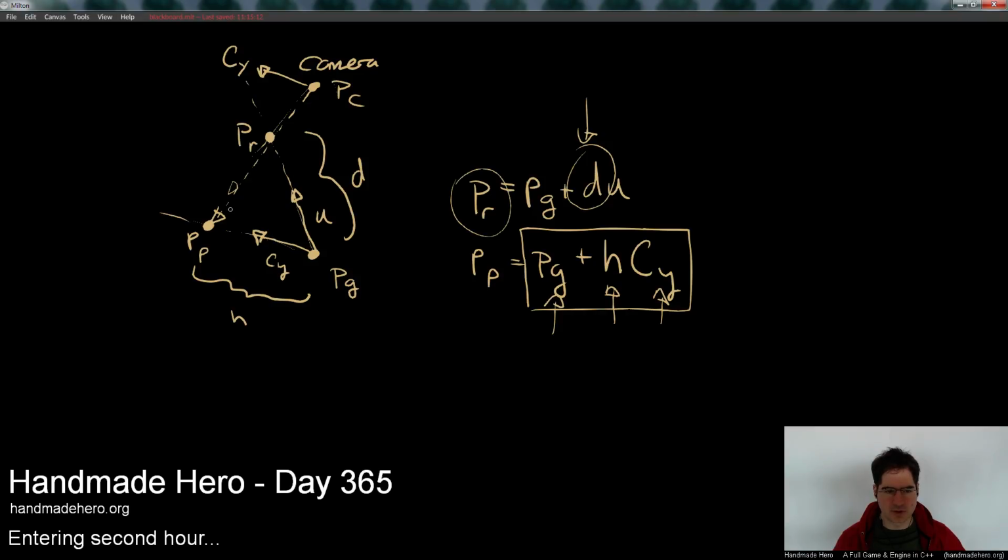We know that we've got that point, and we don't know the length of this at the moment, because that's a solve. We've got to figure out where PP would hit.